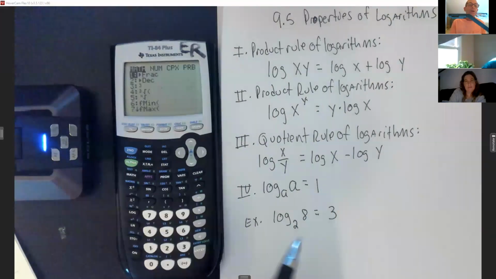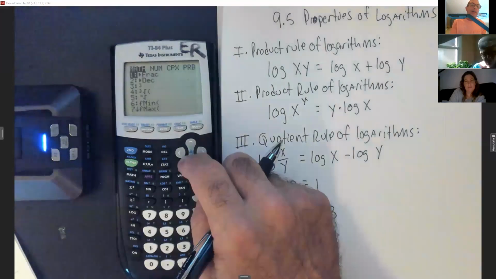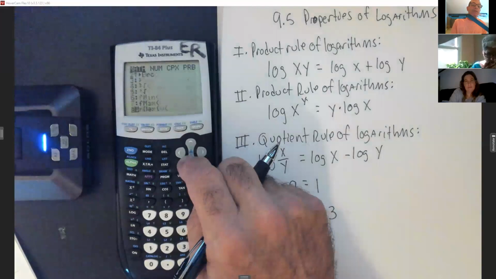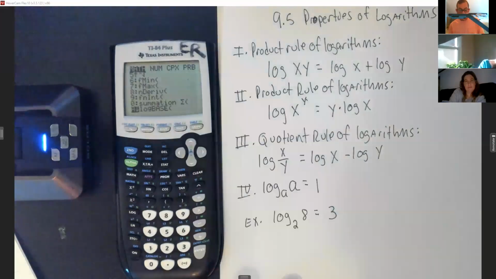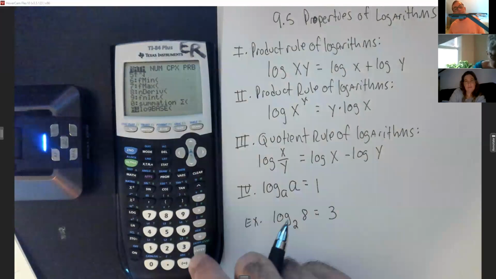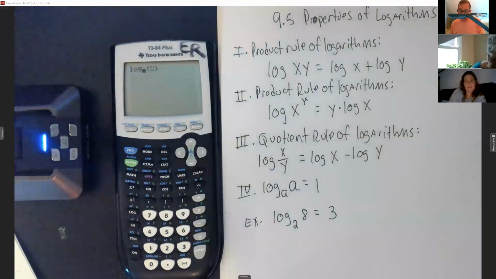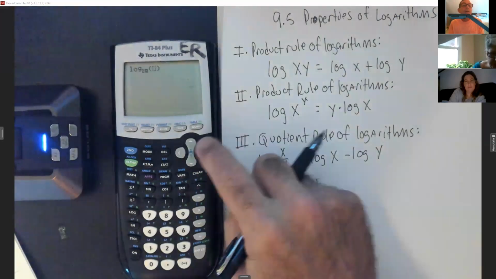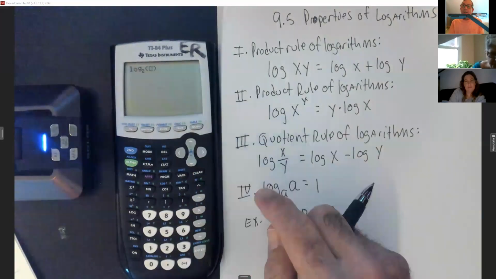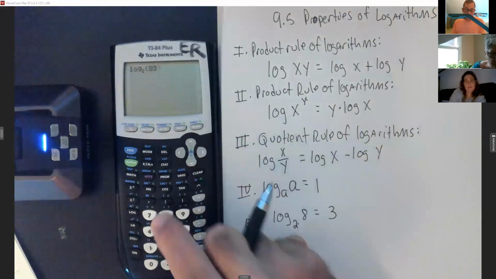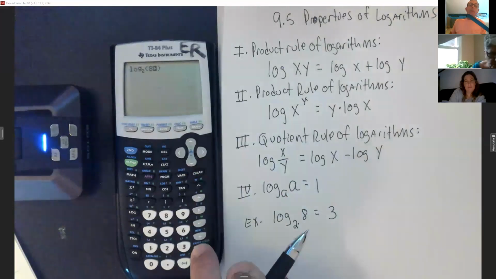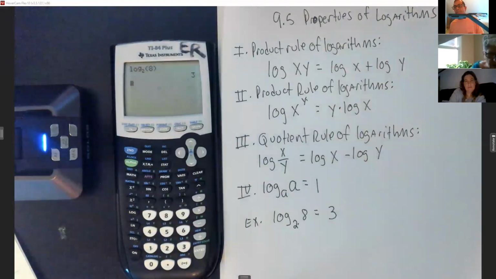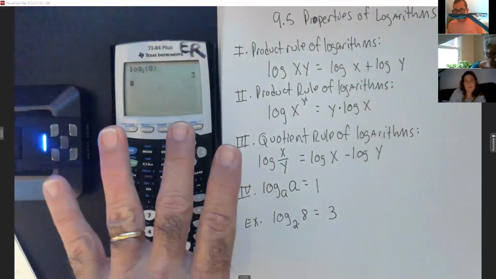And on the math button, you would arrow straight down until you found something that said log base. If you hit enter on log base, it brings it on the screen. And then all you got to do is put in the 2 and then arrow over and put in the 8. And the calculator will now find the exponent of 3. So I'll get y'all good on that calculator stuff, okay?